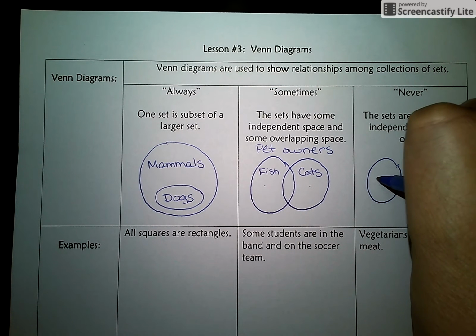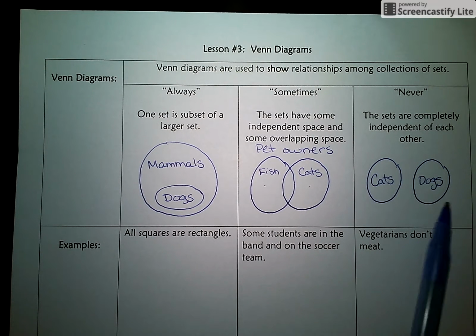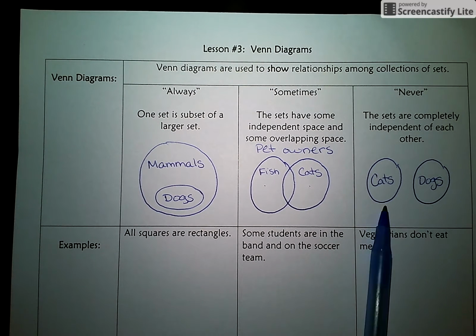Let's say we want to say the population of cats, the population of dogs. A cat will never be a dog, and a dog will never be a cat.